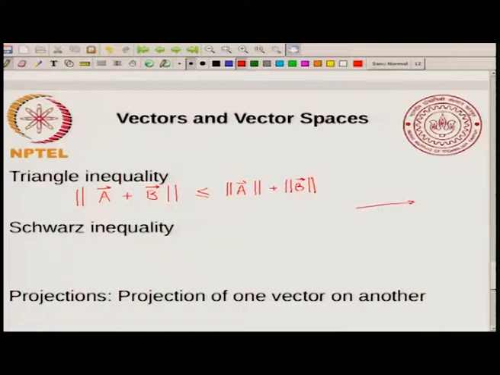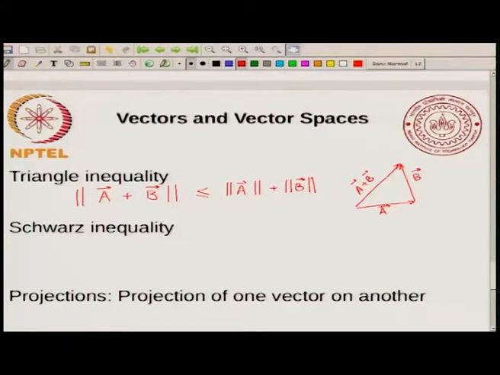Suppose you take A and you take B. So, this is A vector, B vector. Now, you know that A plus B is nothing but this vector.